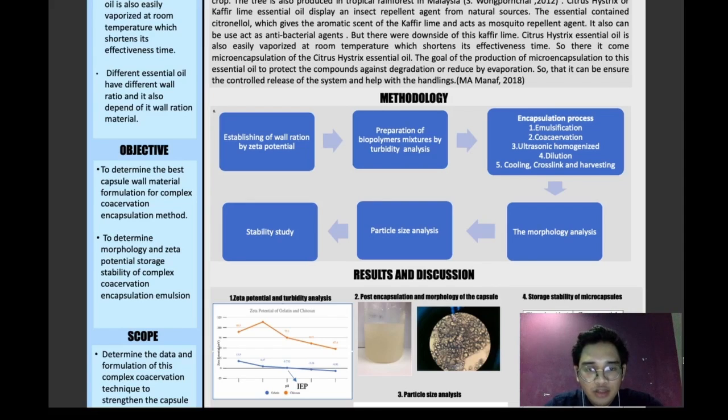The post-encapsulation solution is put in a Mastersizer to find the size of the microcapsules. The next step is the stability study, in which the post-encapsulation solution is put in a beaker as a sample in a closed place at constant room temperature for a few days to observe its changes.